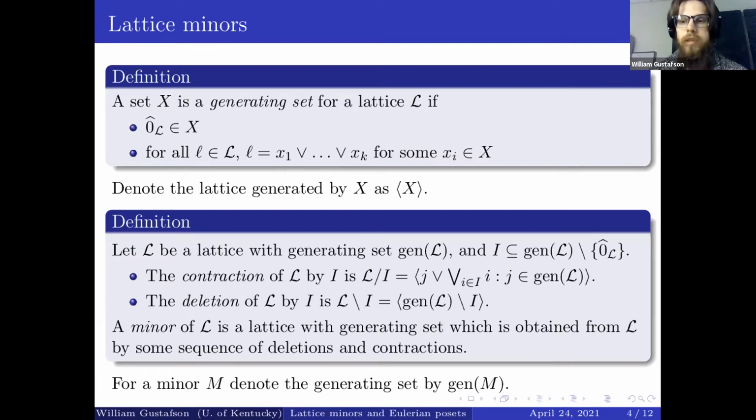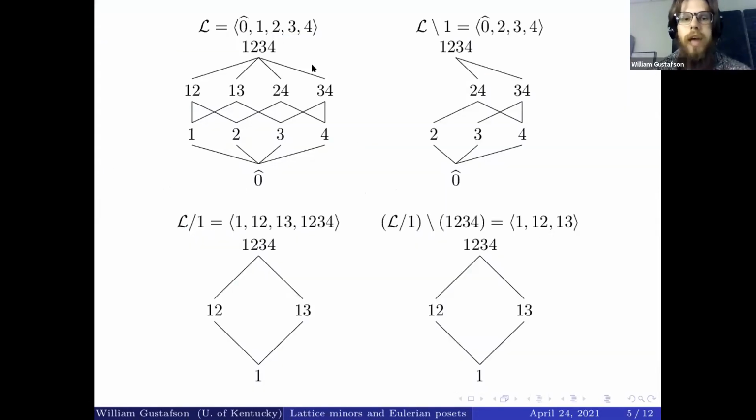Let's see an example of that. Up here in the top left, I have the face lattice of the square, and I just have the elements here, the vertices in each face. Over here on the right is what you get when you delete by this first atom 1. We lose these two elements here because we can't write them as a join with just 2, 3, and 4.